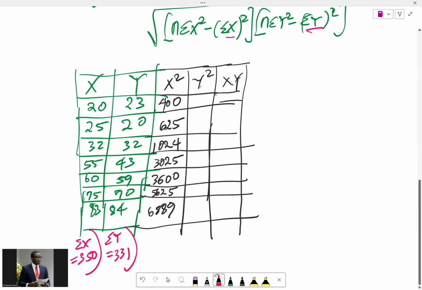So we go for y again. We need 23 squared. 23 squared is 529. And 20 squared is 400 like before. 32 squared is 1024. Then 43 squared is 1849.